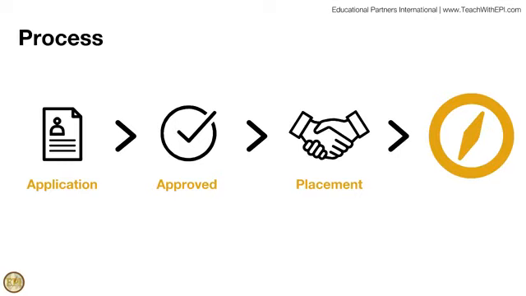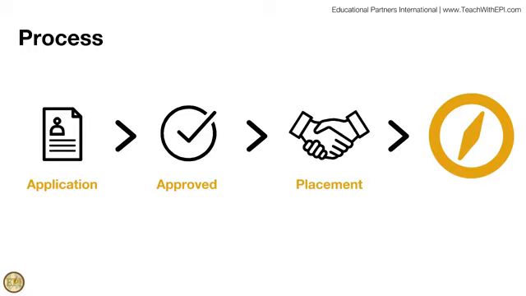So now that you have some background on who we are, it is important to understand EPI's process. Our process for bringing teachers like you to the United States looks something like this. First, you complete an application so that we know you are eligible for our program and will be a strong candidate for cultural exchange.